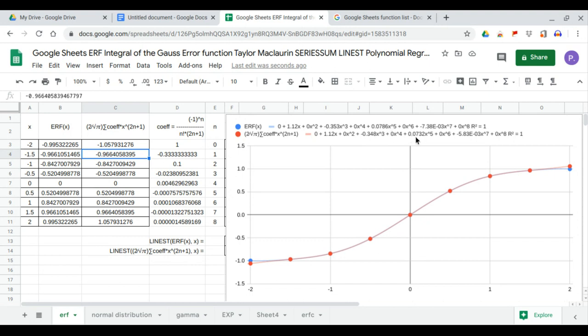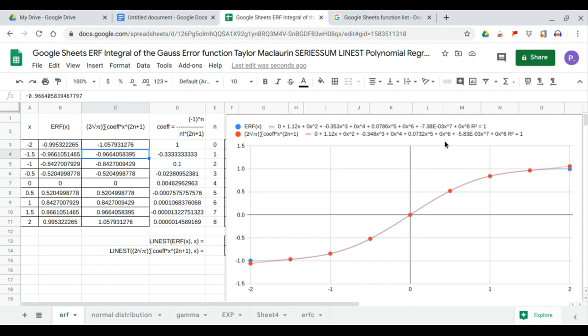This one is 0.0732. B6 is 0. B7 is negative 7.38, exponent negative 3. This one is negative 0.583. They kind of be different as the exponent goes higher, but they are smaller.